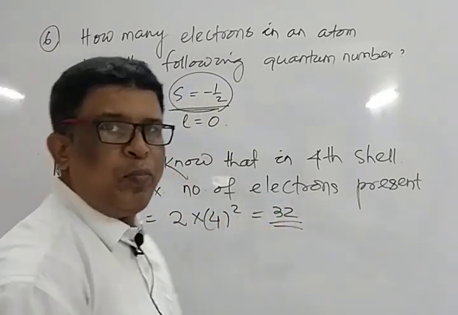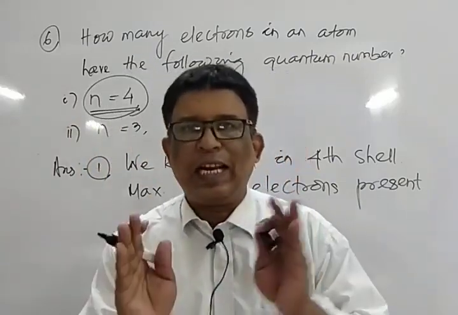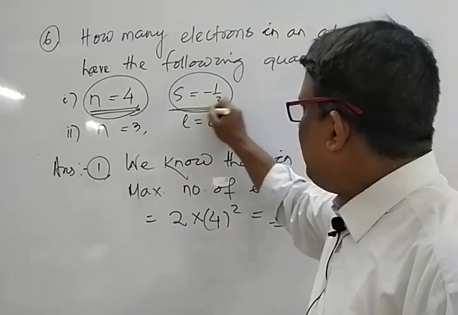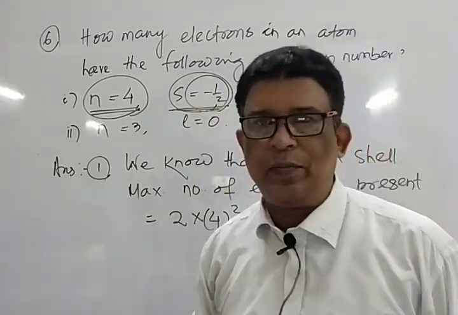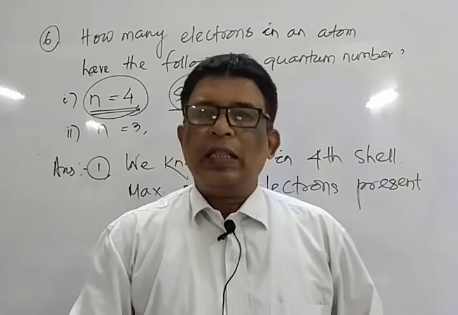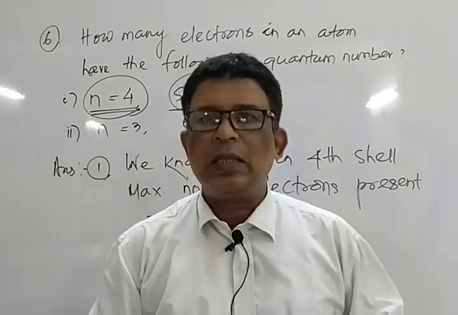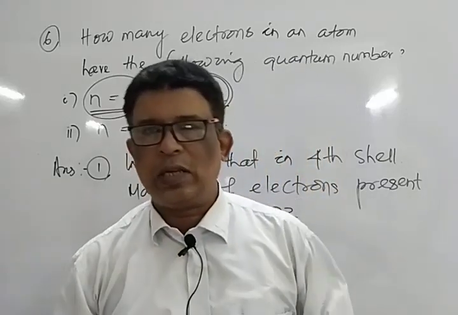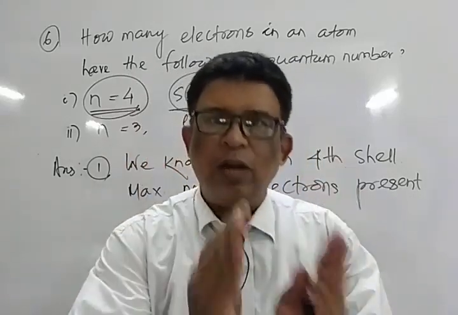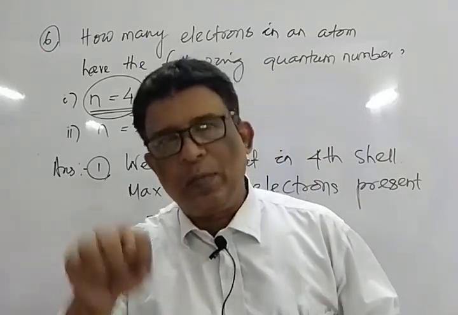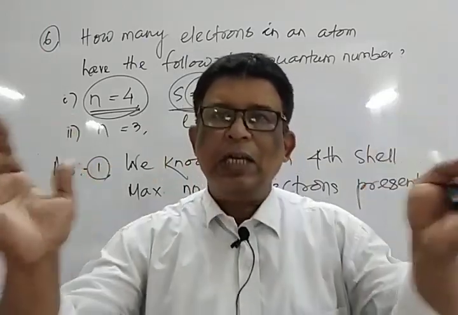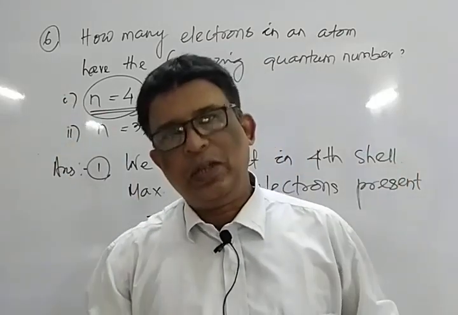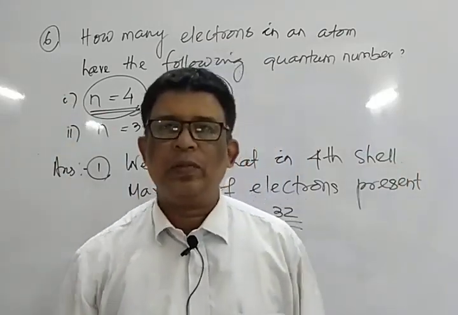That means in the fourth shell, the maximum number of electrons that can be present is 32. But another condition is there, having spin quantum number minus half. We know that for each orbital, 2 electrons are there, one possesses plus half, one possesses minus half. For 32 electrons, the number of electrons having minus half is 32 by 2. That means 16.